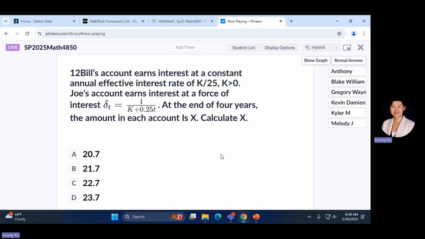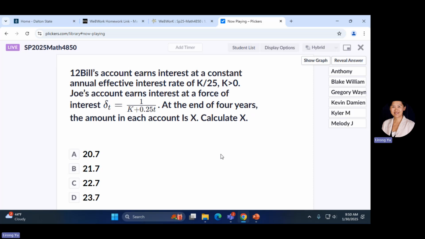We also know that the accumulation function A(t) equals e to the integral from 0 to t of our force of interest, 1 over K plus 0.25r, dr. That should be our accumulation function.